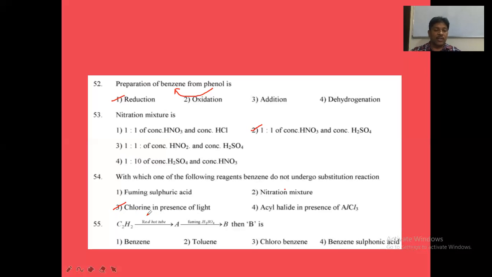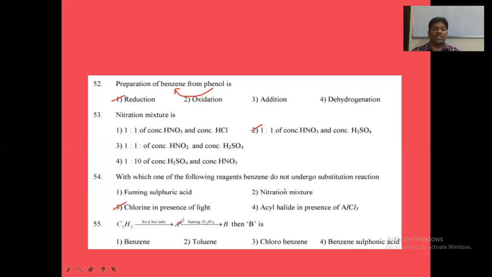Okay? Next, question number 55. C2H2 is acetylene or ethyne. When acetylene is passed through a red hot iron tube, benzene is produced. Now A is benzene. Now this benzene is made to react with fuming sulfuric acid.